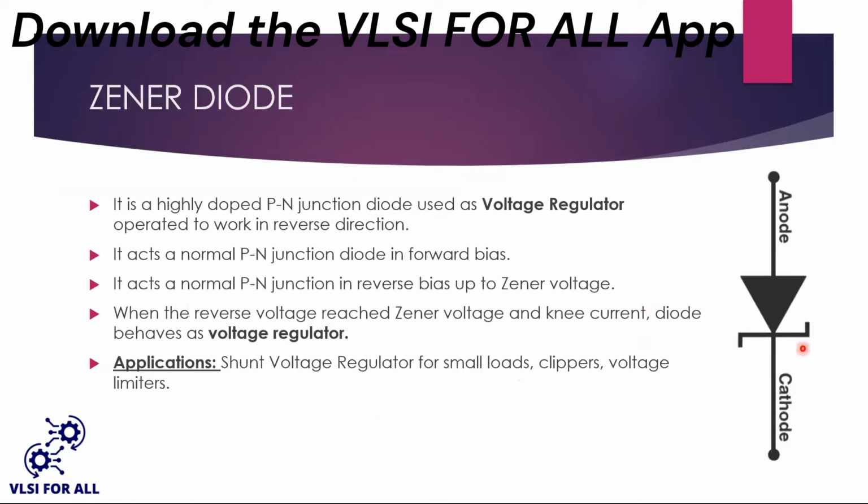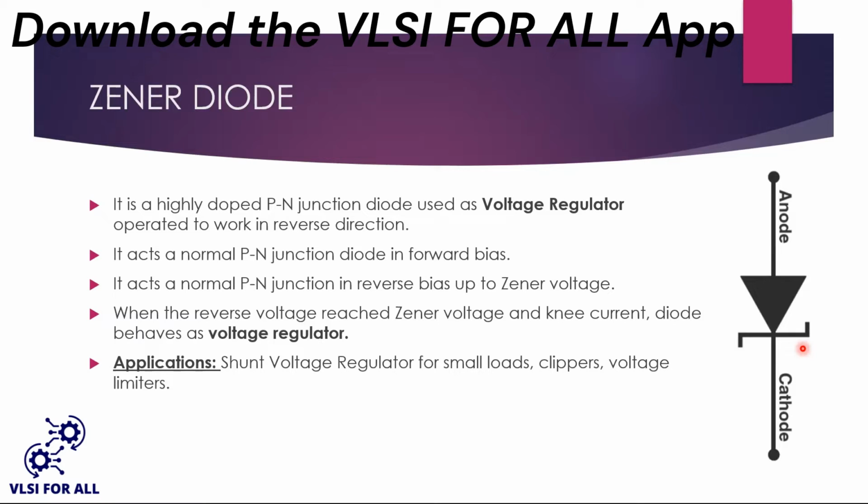And coming to the Zener diode, basically the construction is a diffused process of N-type semiconductor and P-type semiconductor. And the main thing is it is highly doped.